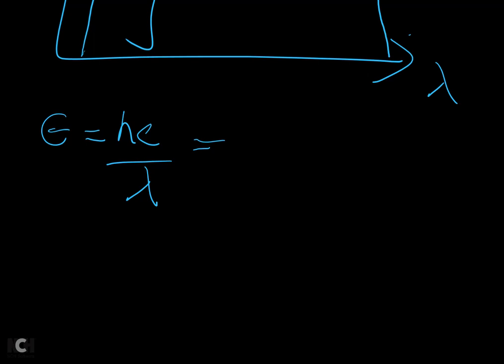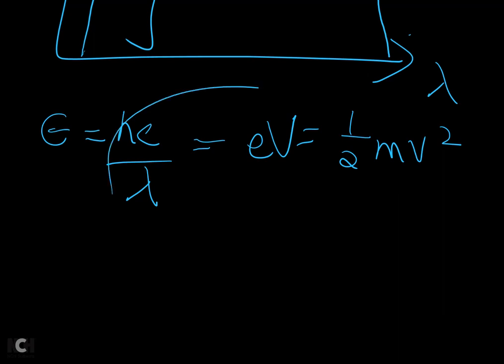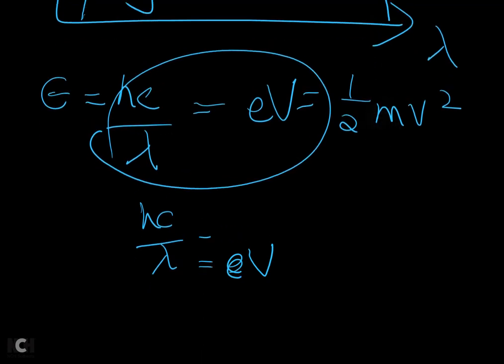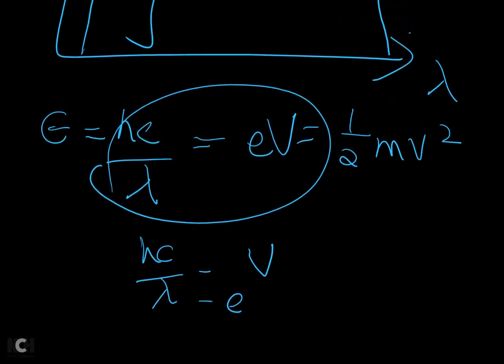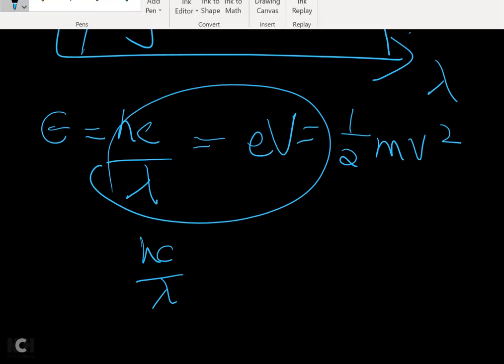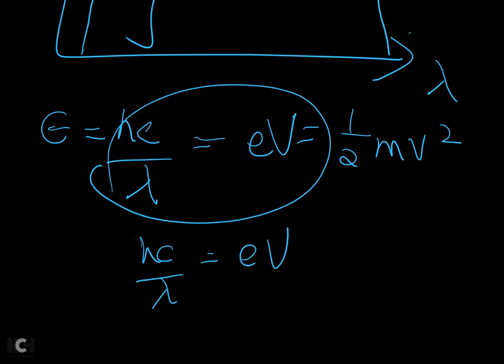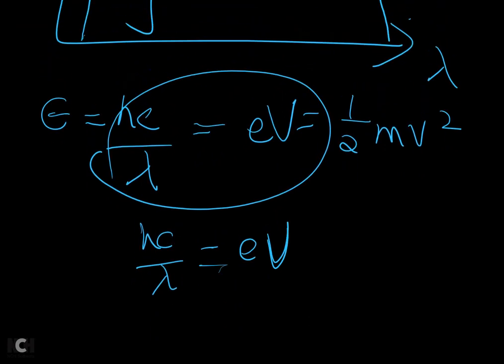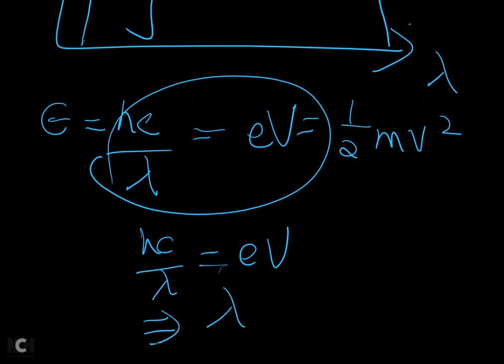So that is equal to eV, which is also a half mv squared, which is the kinetic energy. So now I could equate these two. So I could say hc over lambda is eV, right? And I could get lambda from that. Right, so lambda is hc over eV.